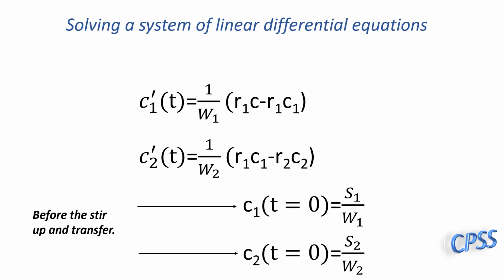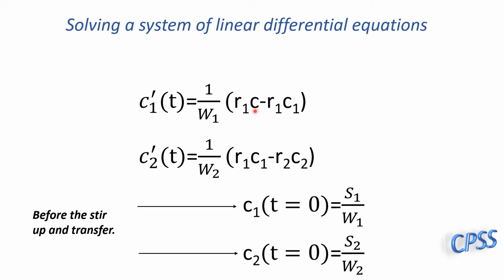Now, to describe this whole system, it's described by coupled equations, because we have something coming into tank 2 with a rate R1 and a concentration C1. That is going to change over time. The rate's going to stay the same, but the concentration coming from the first tank is going to change over time.